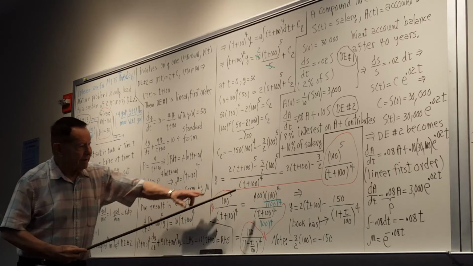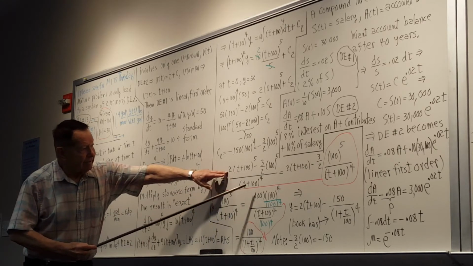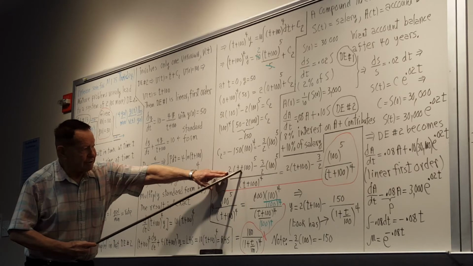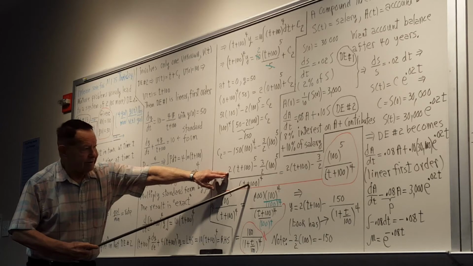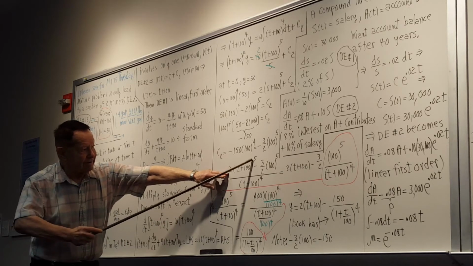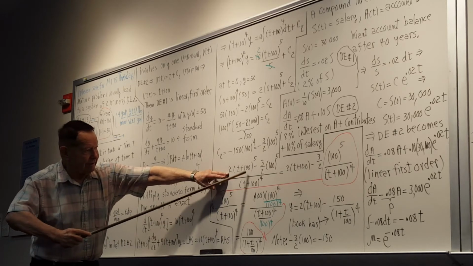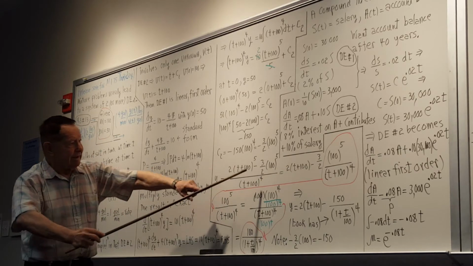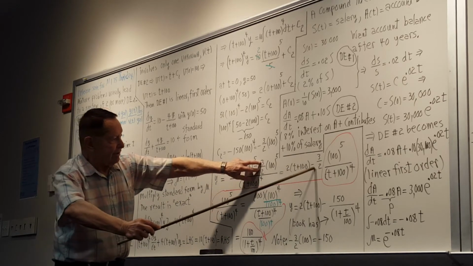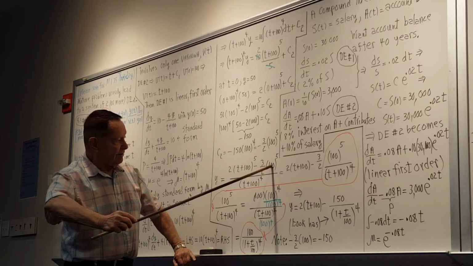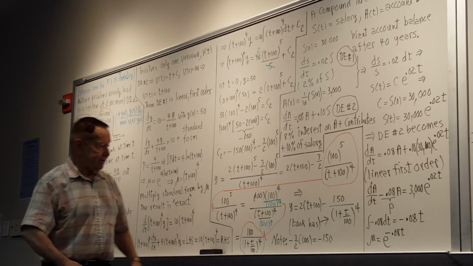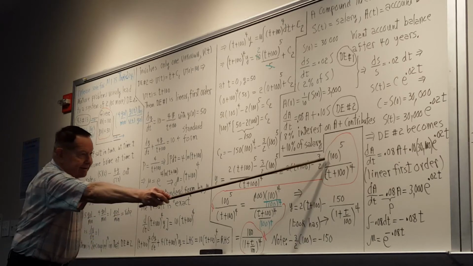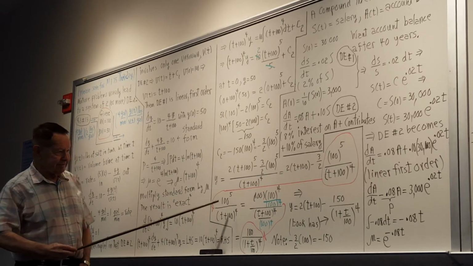And then what they've done, they have split the fraction. So if you divide t plus 100 to the fourth into t plus 100 to the fifth, you have the 2 and the t plus 100. And then you have the minus 3 halves, and you have the 100 to the fifth over the t plus 100 to the fourth. So then I take that and I work with that.